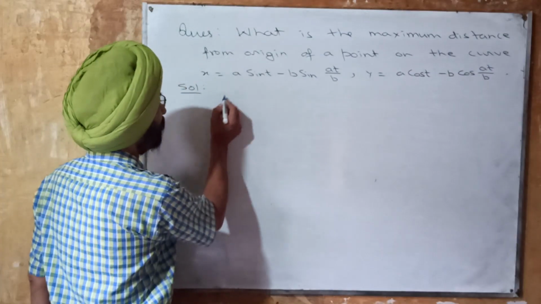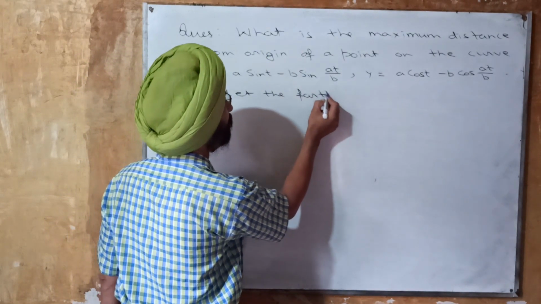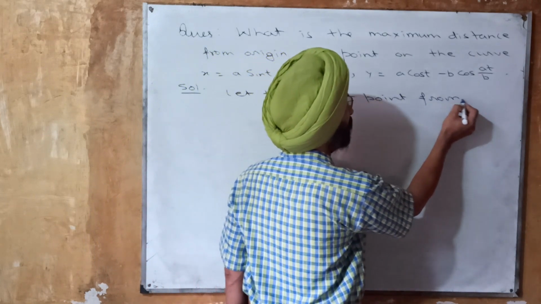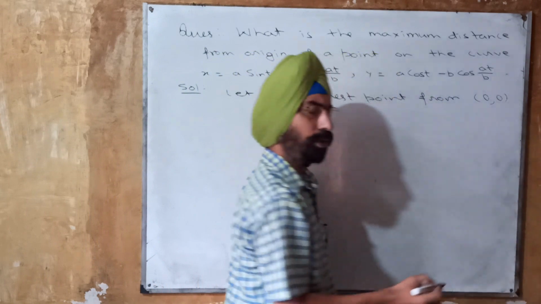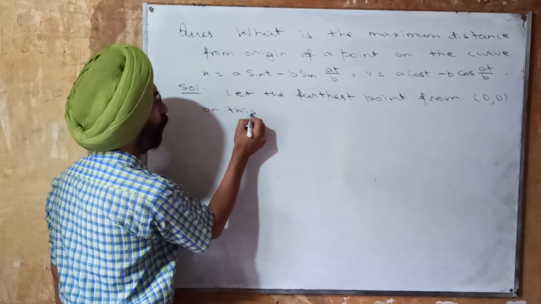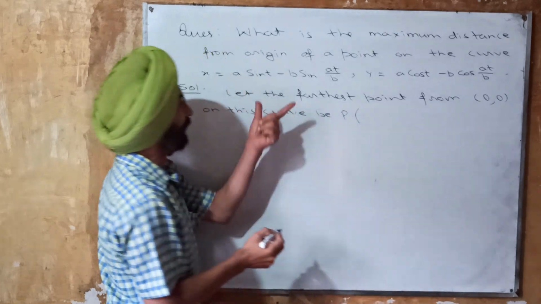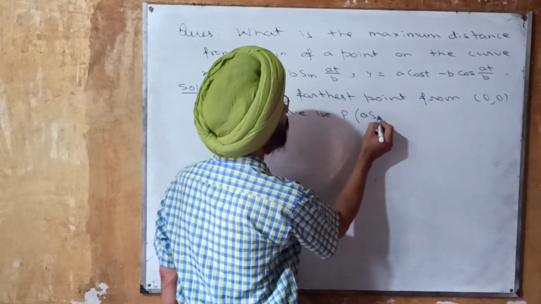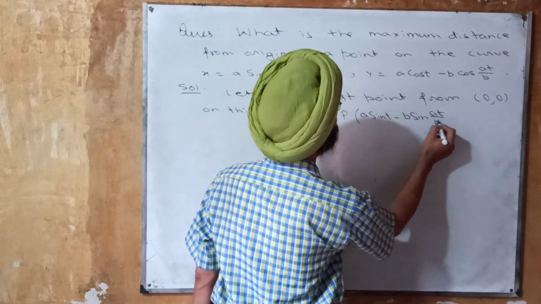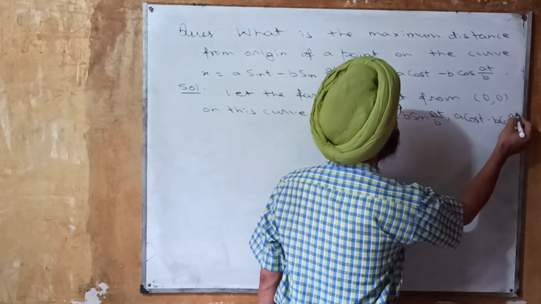So let the farthest point from the origin, meaning coordinates 0 and 0, on this curve be P, and the coordinates of P will be: x coordinate (a sin t minus b sin at) upon b, and y coordinate (a cos t minus b cos at) upon b.